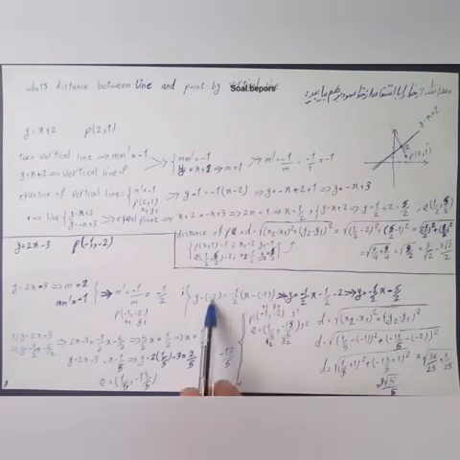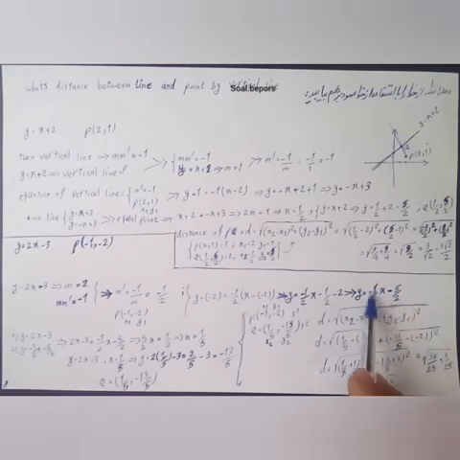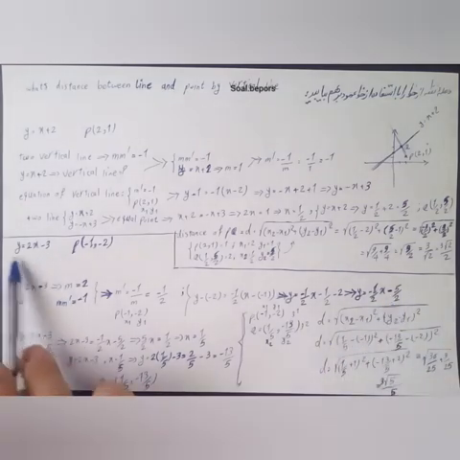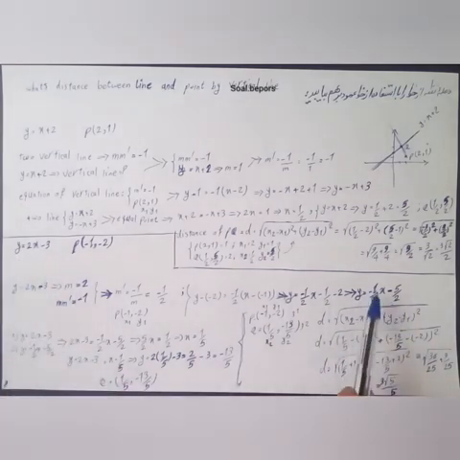So we put x1, y1 and the slope, and at the final we get the equation of the perpendicular line. So we have the perpendicular line and the other line, so we get the crossing point from these two lines.